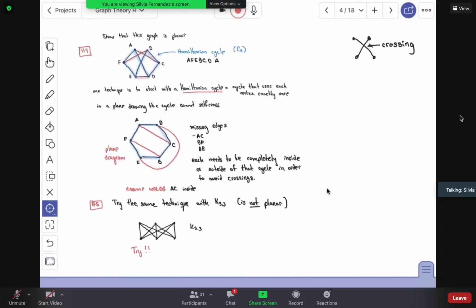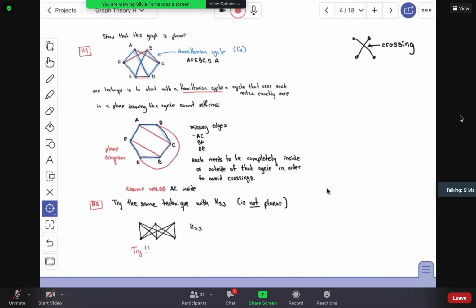Proving that something is non-planar is much, much harder in general. It requires some logical argument. And so we'll learn 3 techniques that don't necessarily apply to any graph. This is a very hard problem for arbitrary graphs. But one of those 3 will apply to the exercises that you have in the homework, for example.